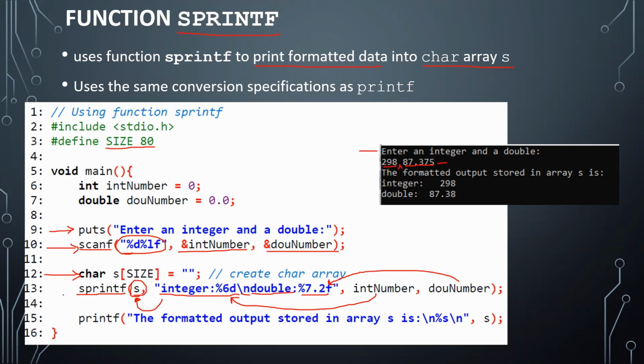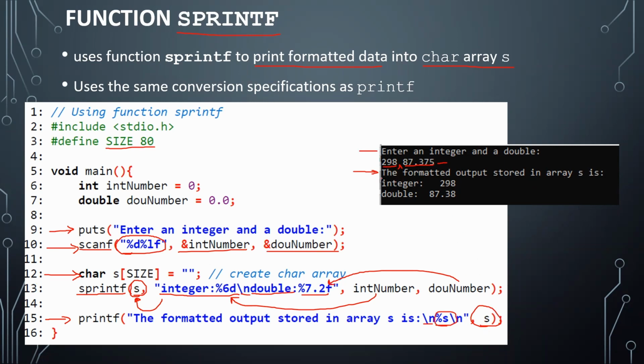So line 13 doesn't actually print anything to the screen. What prints to the screen is here on line 15. I use my regular printf, "The formatted output stored in the array S is," and I put a new line. So that gives me this line right here. And then I send it S by using the conversion spec %s.